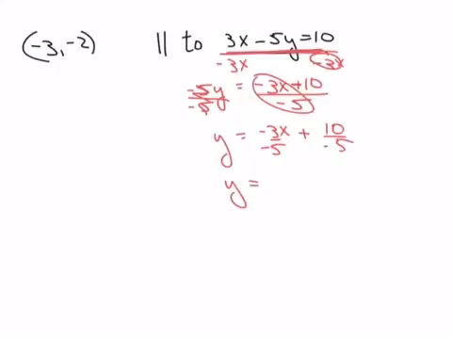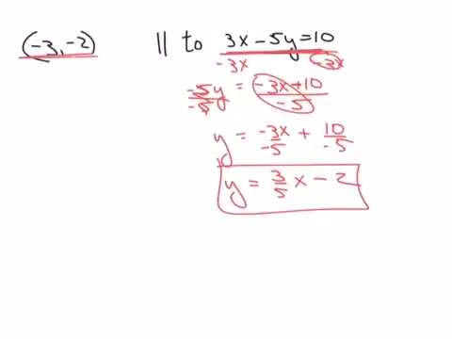Two negatives equal a positive. A negative and a positive equal a negative. 10 over 5 is 2. Okay, so there's the equation. So what is the slope of the line we're looking for that goes through that? The slope is the same as the equation we just found, 3/5, because they're parallel. The slopes are going to be the same.